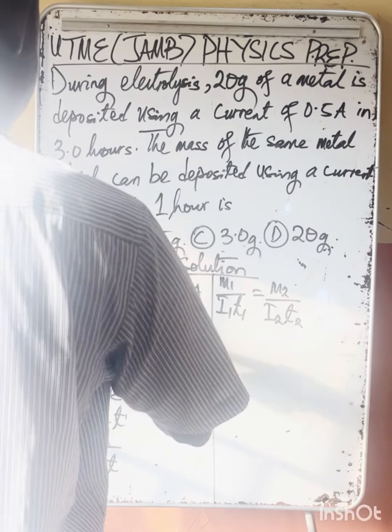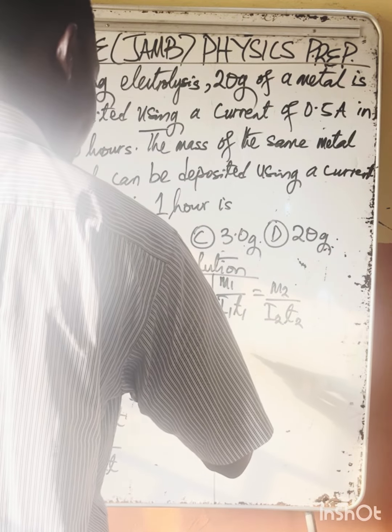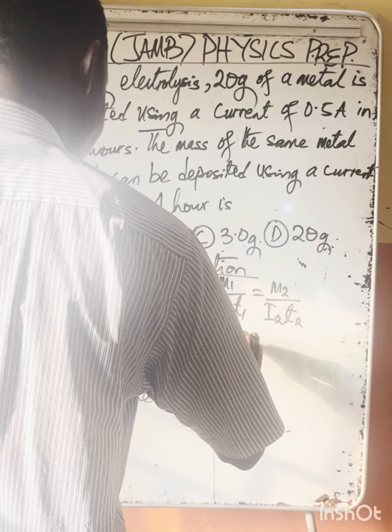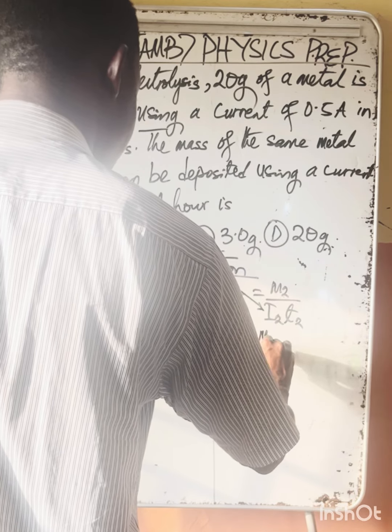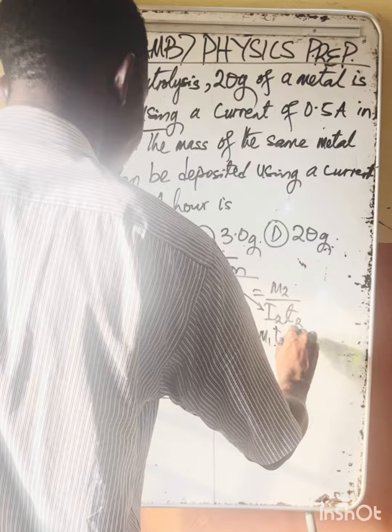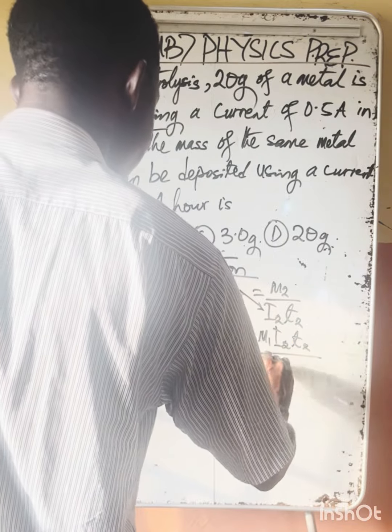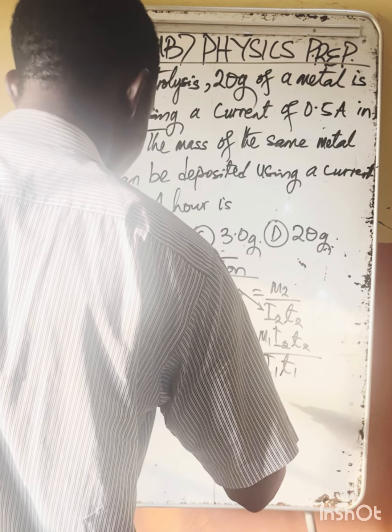In the question we're looking for M2, so let's make it the subject of the formula. If we cross multiply, M2 equals M1 I2 T2 over I1 T1.